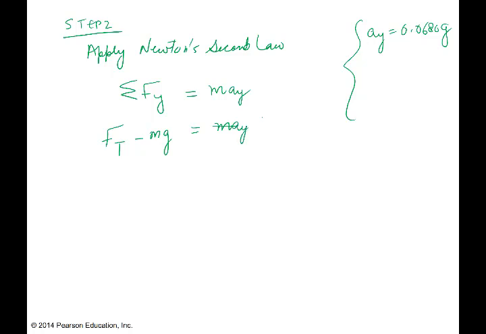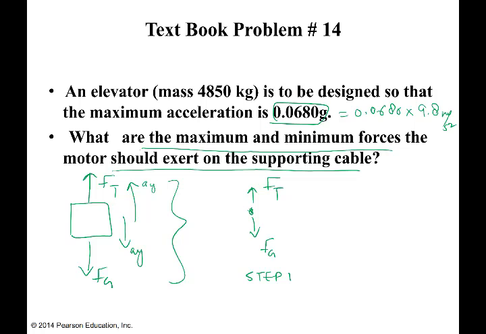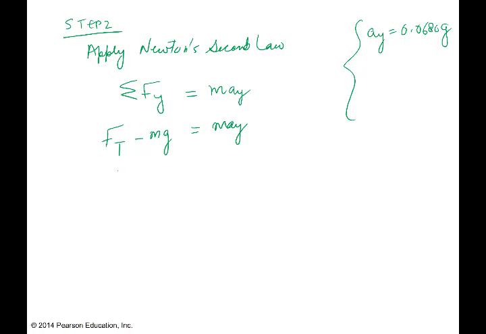So you have to find the tension force, which is the maximum force if it's going up. So what are the maximum and minimum forces the motor should exert on the supporting cable? Right, so Ft will be equivalent to, you are adding mg on both sides, so you get mg plus may, and again the same way we did this, m times g plus ay.